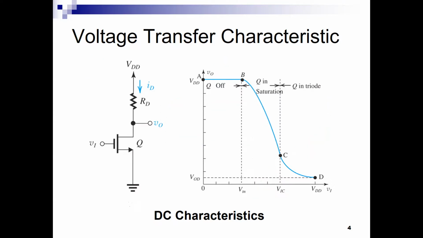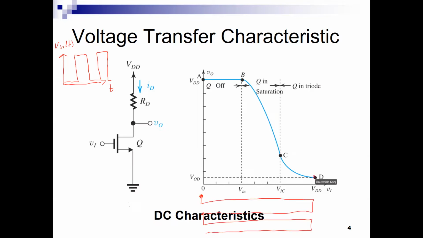When we operate this circuit in the digital mode, Vn of t is really a pulse that spans the whole range from 0 to VDD. The input goes from zero up to VDD quickly, then comes back down from VDD to zero, and so on. What is the gain of this circuit? Where will the output go? Let us draw the output.